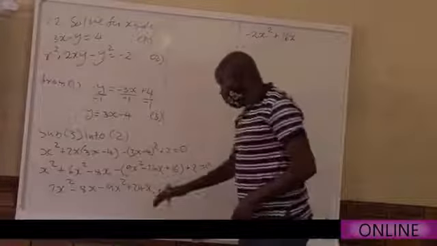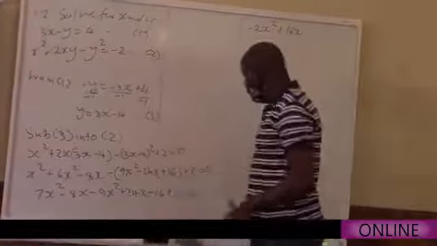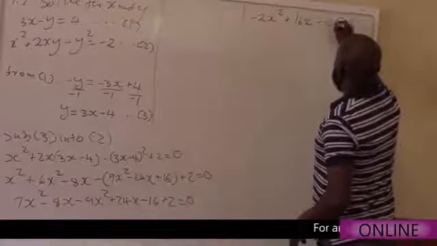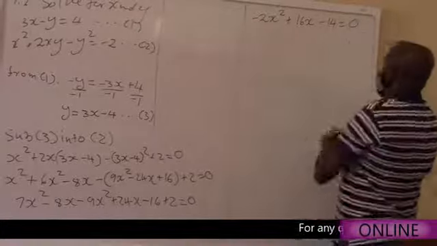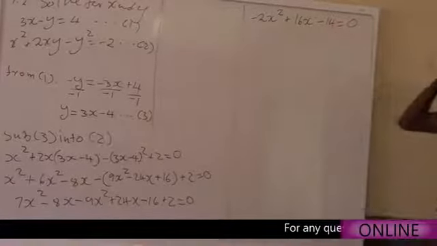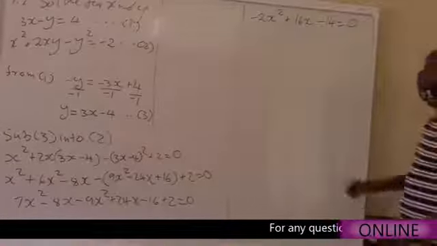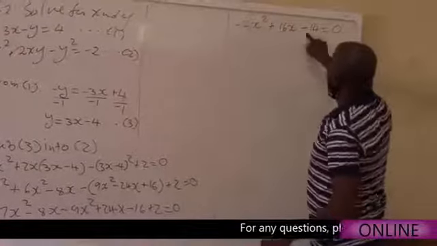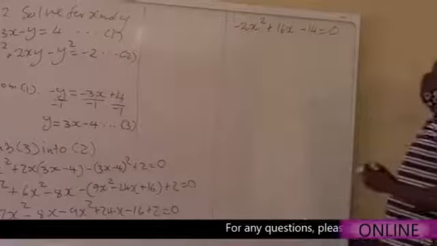Then negative 16 and the 2 gives negative 14 equals 0. You will get another mark for the standard form there. But in each and every term, we have a common factor, which is 2.